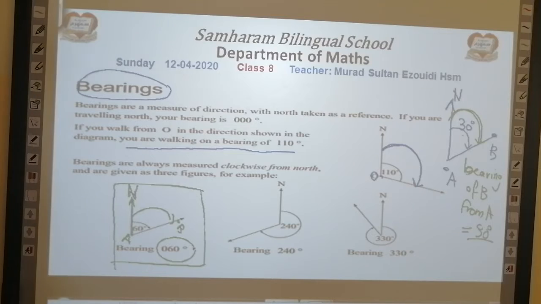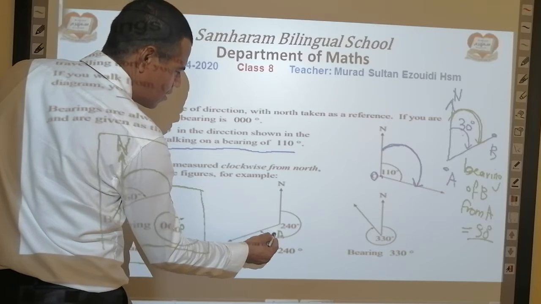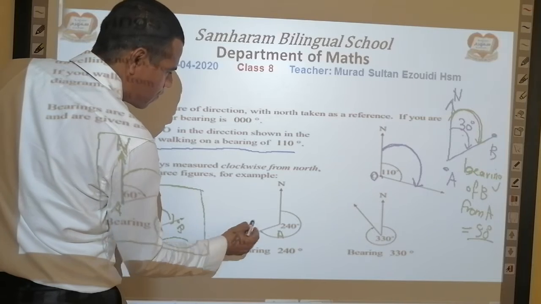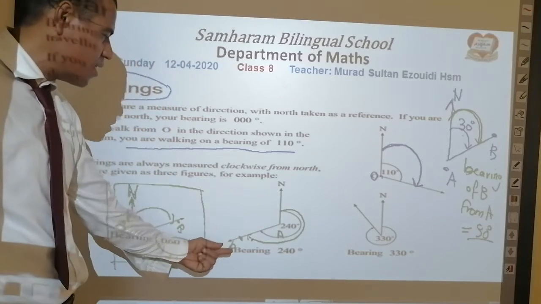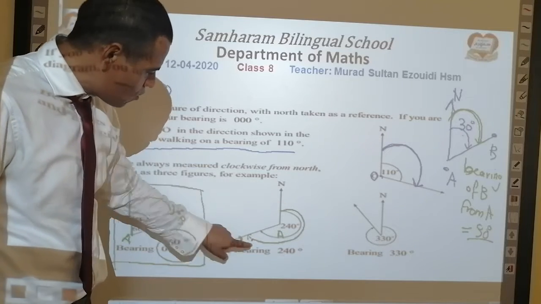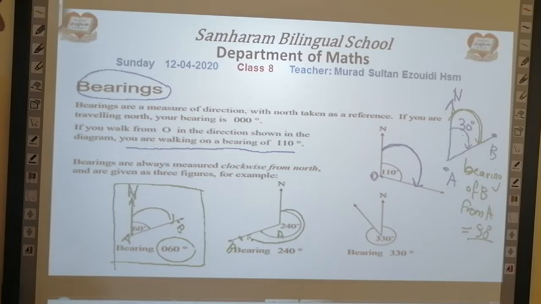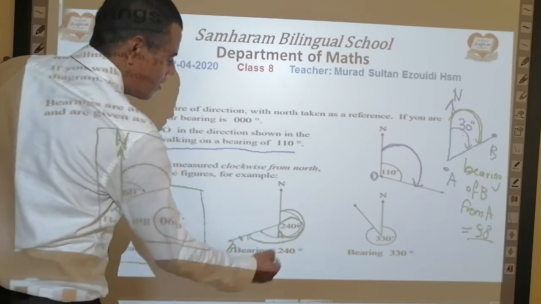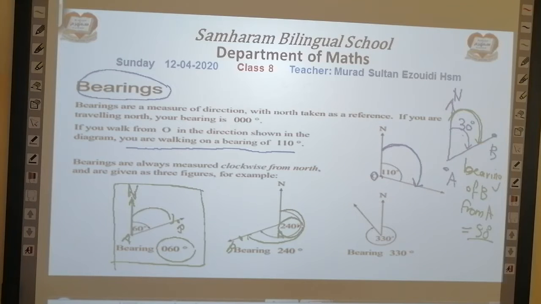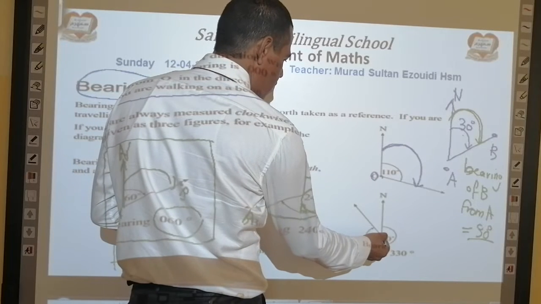The next one: from the point A to B, this can be read as the bearing from A to B, or the bearing of B from A. So the bearing is what? It is 240 degrees.